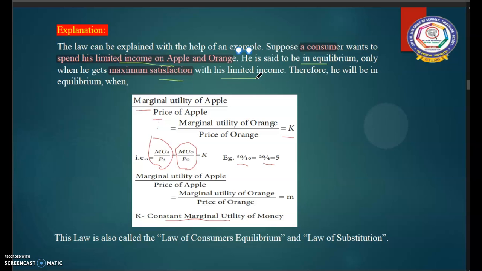Already I told you, if you go to purchase a dress, with the limited amount which your parents have given you, you should get maximum satisfaction. Then only the consumer will be in equilibrium.